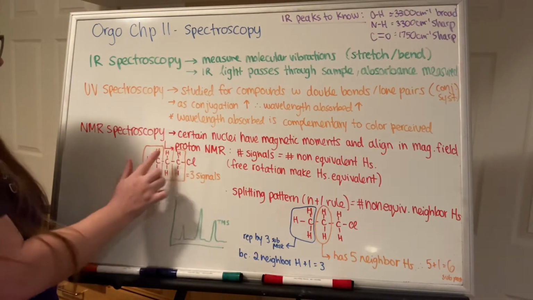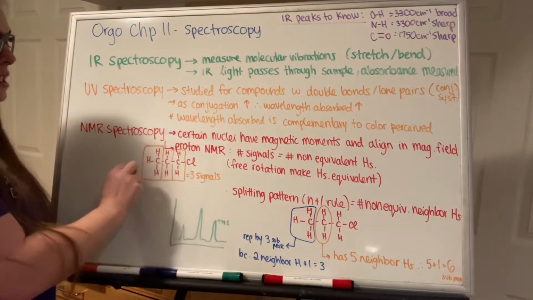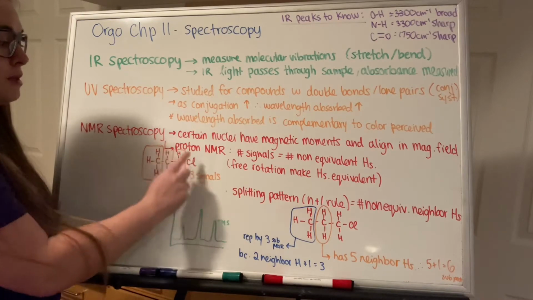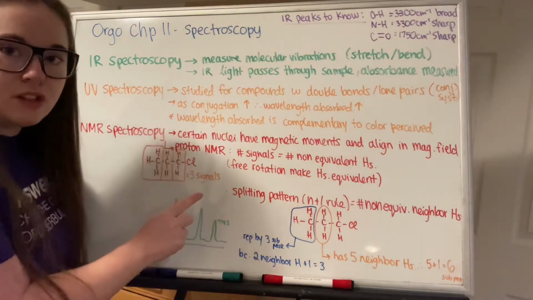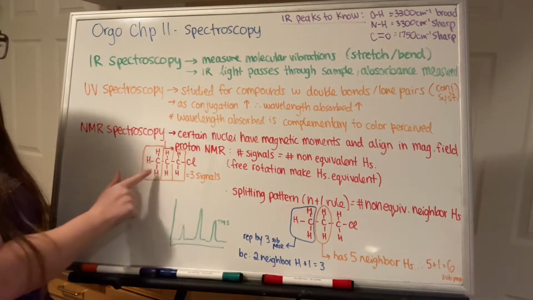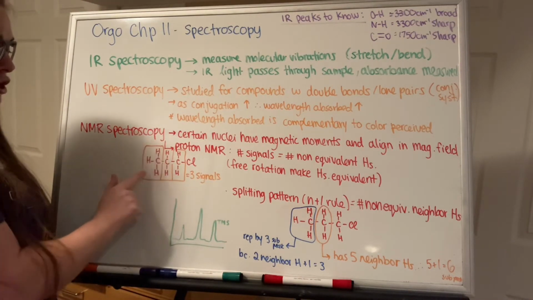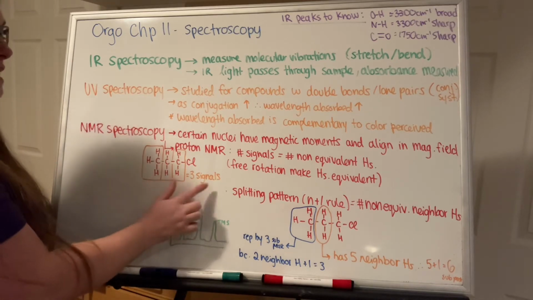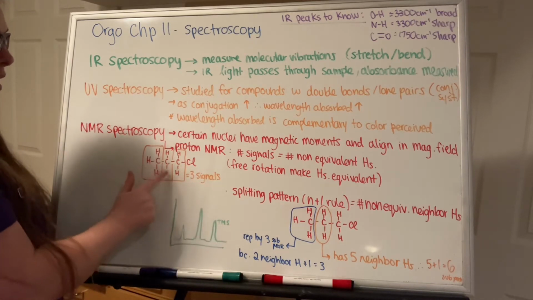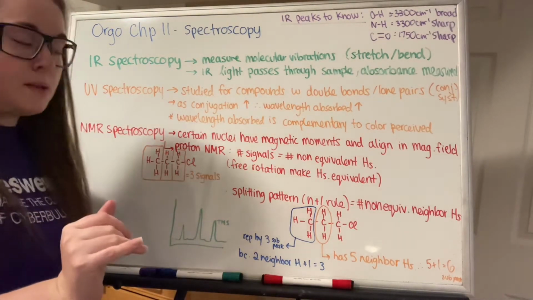So you have 3 environments where the hydrogens are not able to freely rotate with the ones in the other signals. The ones in their own signal are able to freely rotate, which makes them equivalent hydrogens. But there are 3 signals here because there are 3 environments of non-equivalent hydrogens.